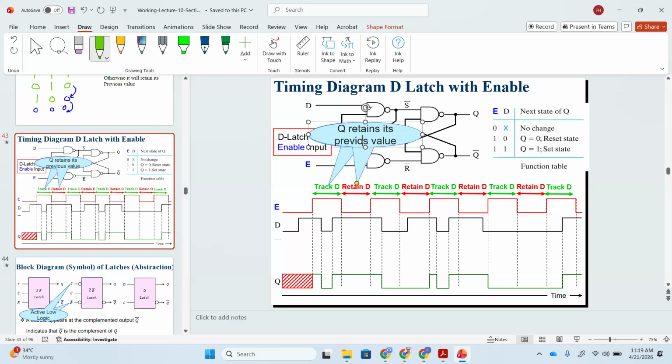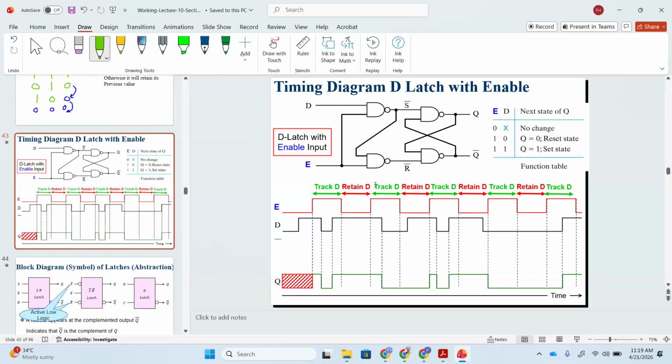Can anyone tell me? Anyone may answer. The green one, which mode? Track. And in the red we have retain mode.